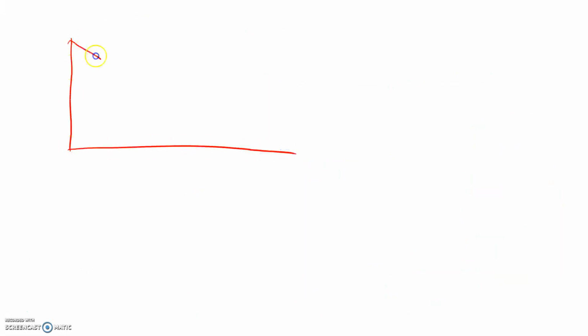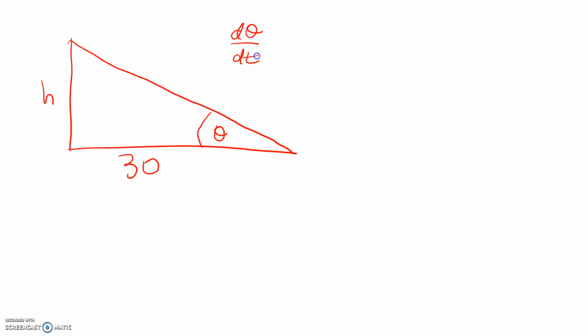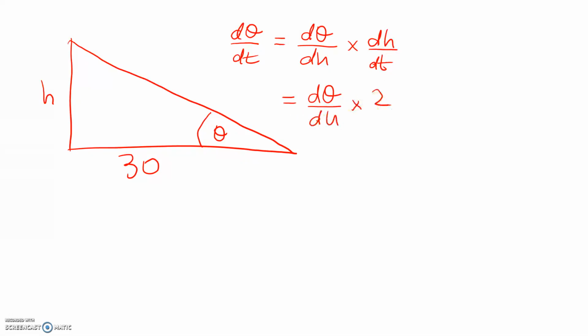Right, so here's my triangle. Here's theta, and this side is 30. Now we've got h. d theta by dt is equal to d theta by dh times dh by dt. Well, we know that dh by dt is 2 because the lift is rising at a constant rate. And we had dh by d theta was 30 sec squared theta.